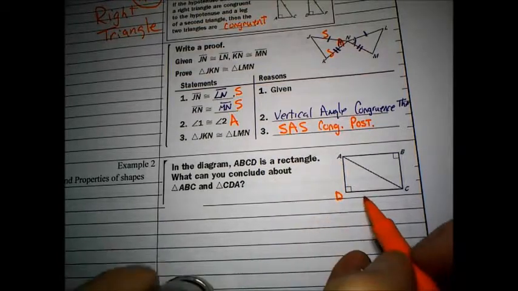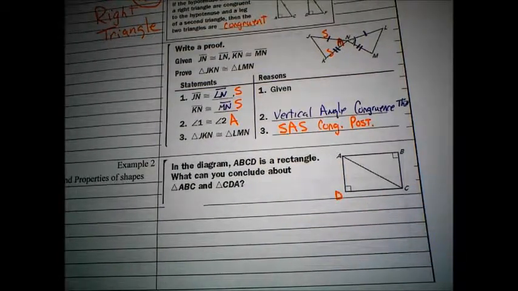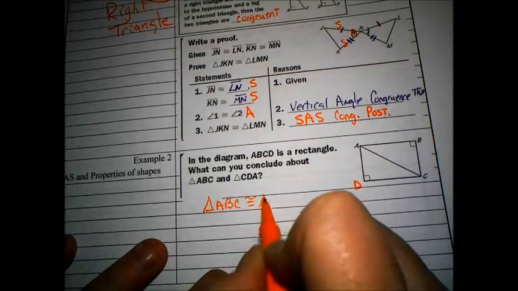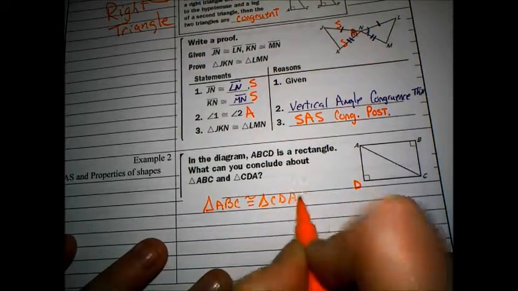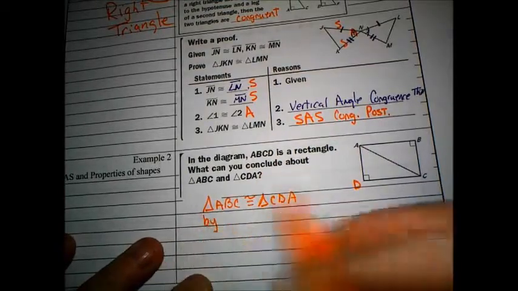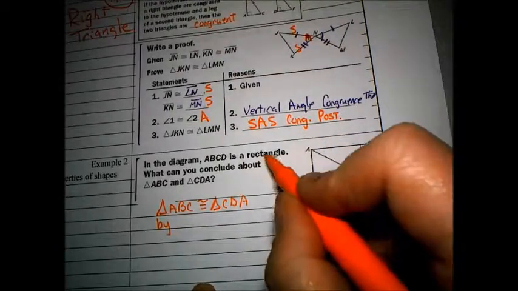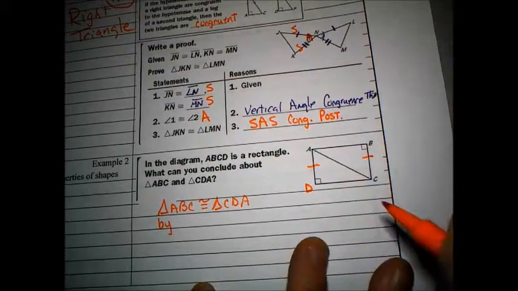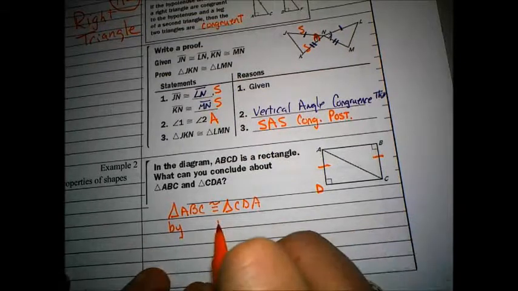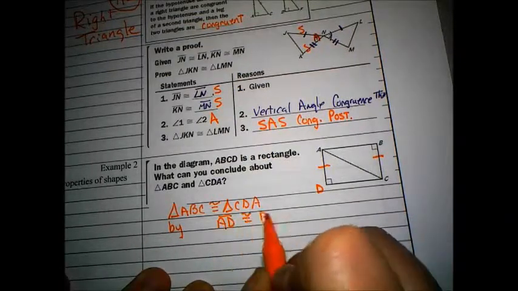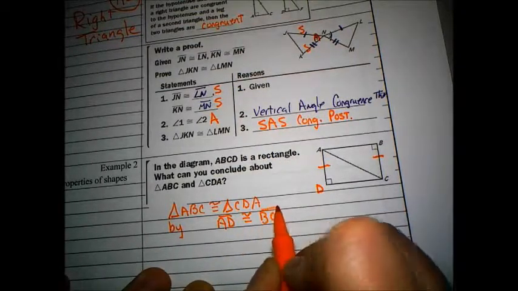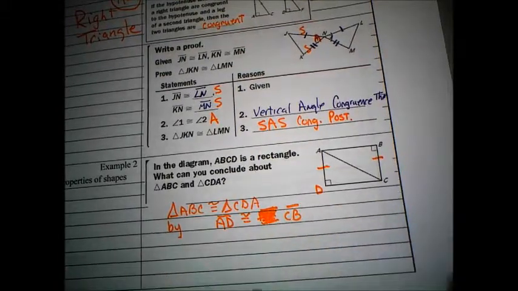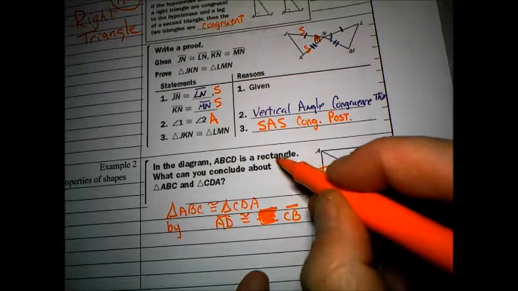CDA, I can say that the two triangles are congruent because I can say ABC is congruent to CDA by, and if I'm looking at this on the rectangle, I know that this side is congruent to this side. So that means AD is congruent to BC, and actually that should be CB to have it correctly oriented, because opposite sides of a rectangle are congruent.